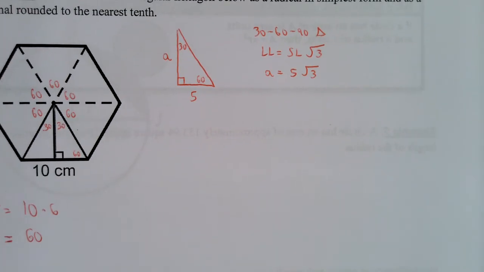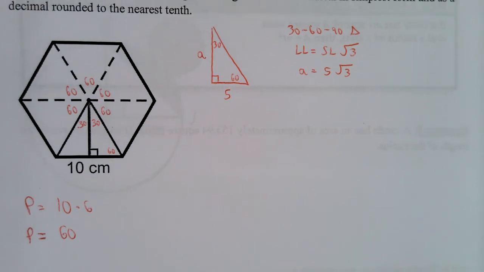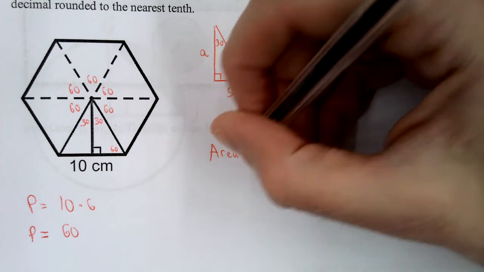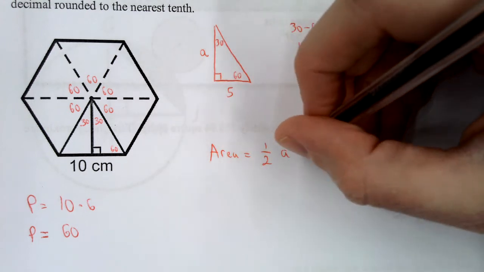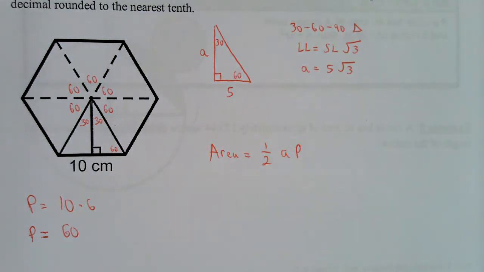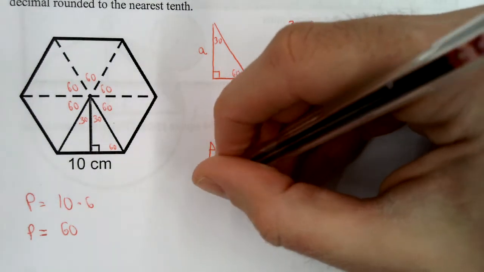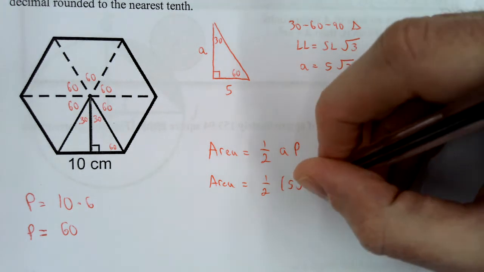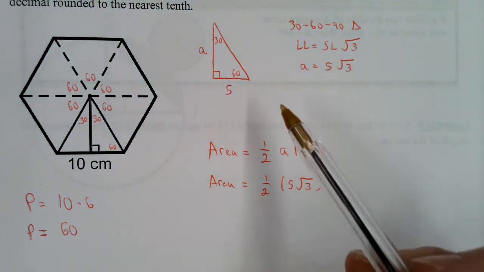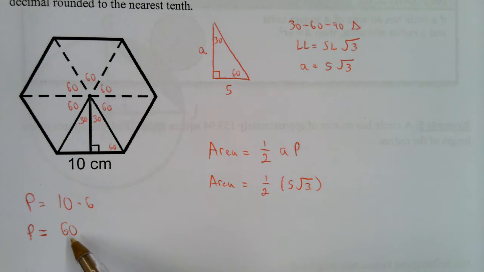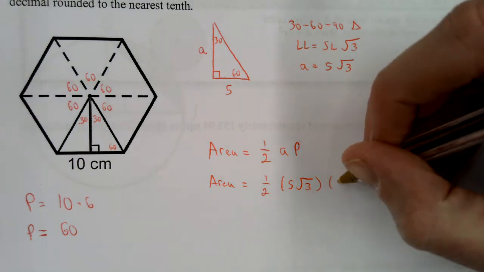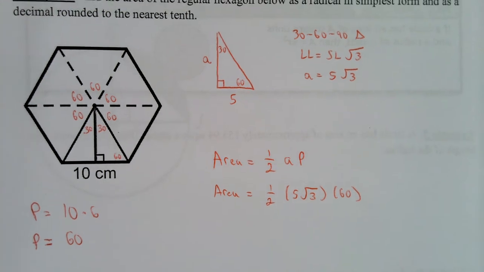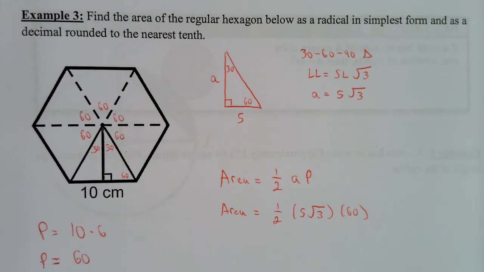Now let's get the area. Okay, area equals 1/2 times the apothem times the perimeter. The apothem we just solved for is 5 square root of 3. The perimeter we got a while ago is 60. Okay, so the question wants the answer in simplest radical form, and it wants a decimal.